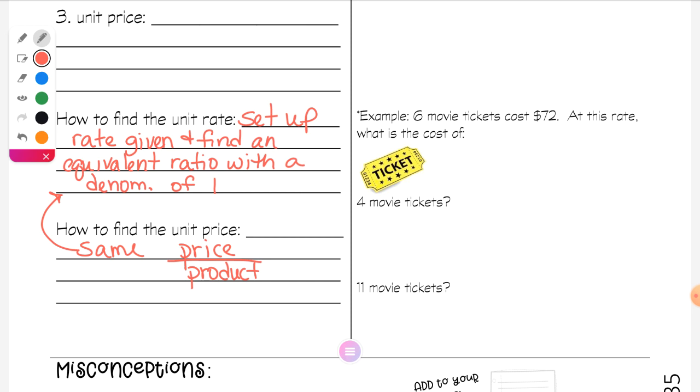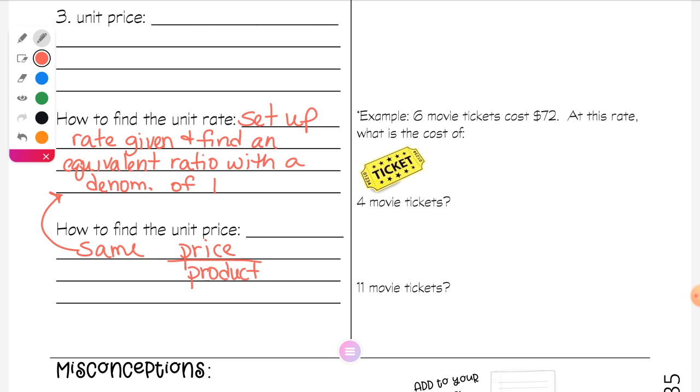Now, in other rates, anytime there's prices involved, we always put price on top, the product on bottom. Any other one, they could be either way. You just have to pay attention to the question. If it wants miles per hour, that's miles over hours.